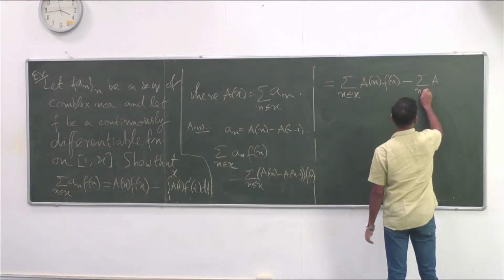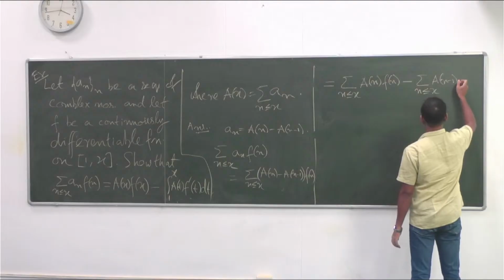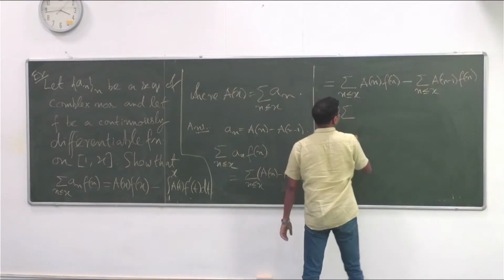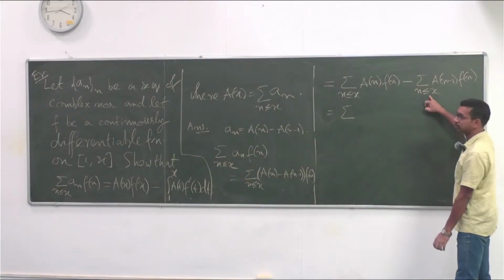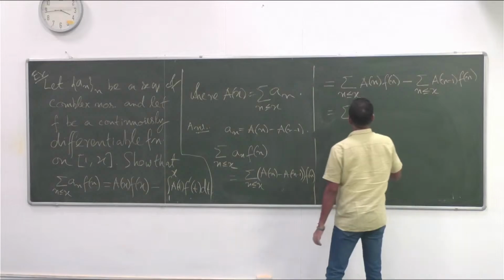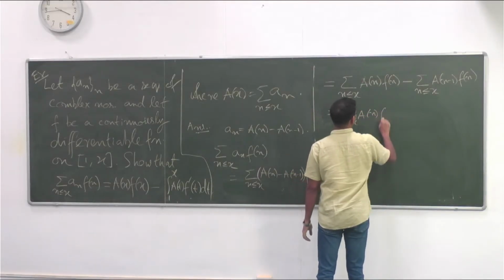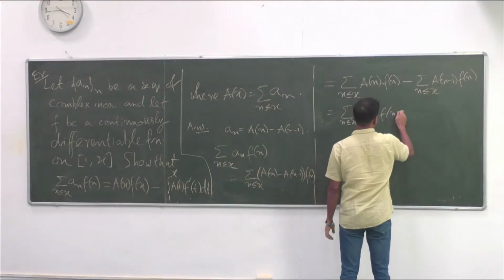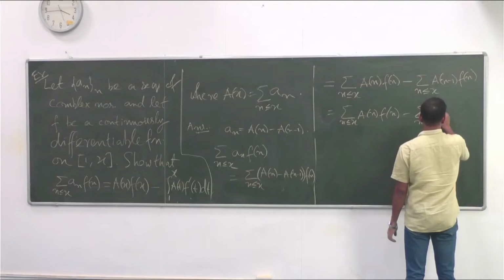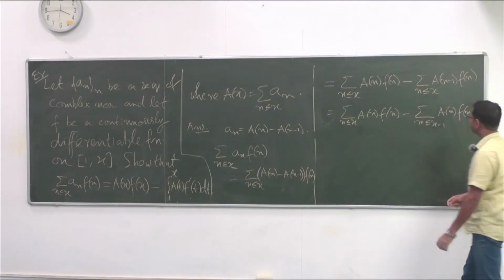At first let's write it down as it is, and then we change the variables inside. So this one, we would also like to write as a_n instead of a_{n-1}, and therefore we will write that f(n) as f(n+1).